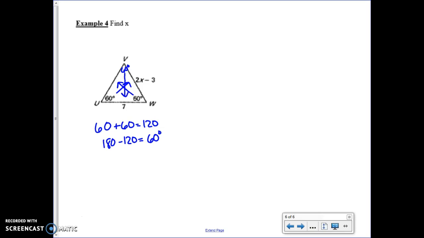So it's an equilateral triangle. Then I can pair up 2x minus 3 with 7 and solve for x because those two sides are equal to each other. I'll add 3 to both sides. So 2x is 10, divide by 2, and x is 5.